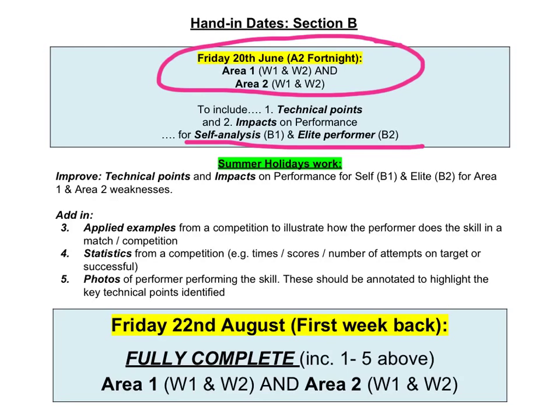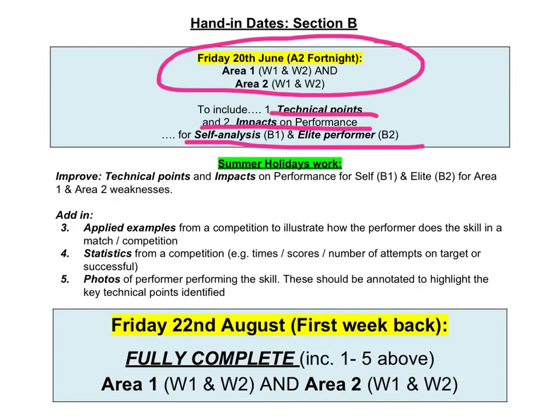So yes, we are looking at quite a few bits of work, but we just want you to do the first bit. So have a go at the technical points and the impacts, so the discussion of all of that. Alright, so we're not looking at the examples yet because you're going to do that over the summer. So can you get down some technical coaching points around the elite performer and then yourself for those first 4 weaknesses.